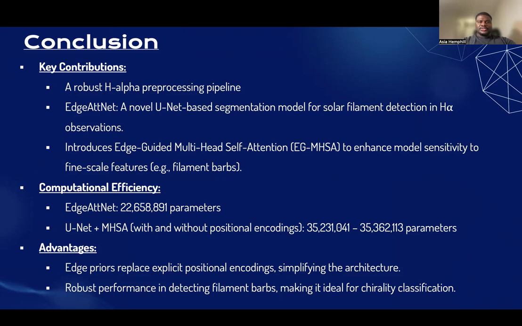And we also proposed edge-guided multi-head self-attention modules that enhance the model sensitivity to fine-scale features, which are filament barbs. Also, for computational efficiency, our model EdgeAttNet uses 22 million parameters, which is way fewer as compared to the baselines, which use between 35 million parameters to 35.3 million parameters.